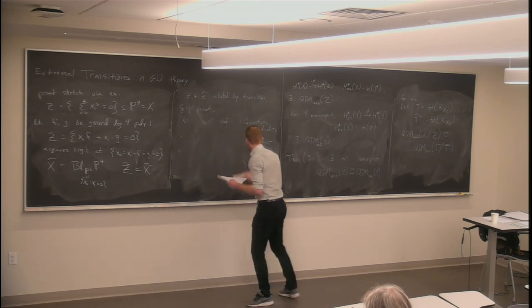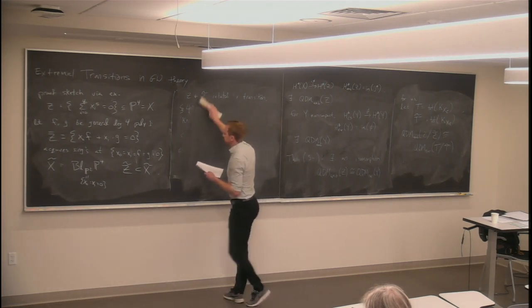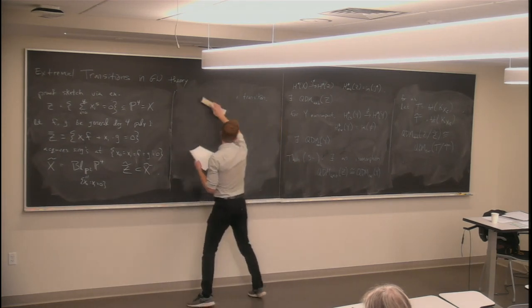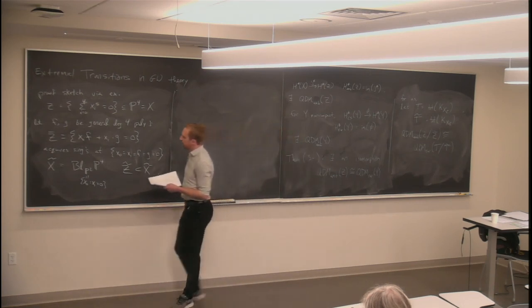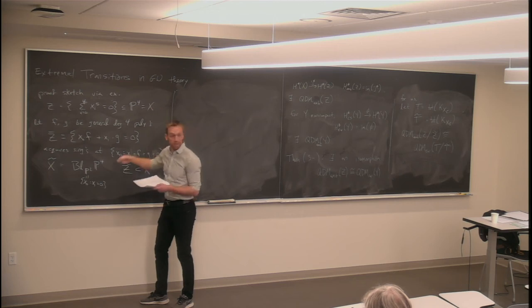So that's the example. And what I want to do is draw the fans for the toric varieties of the canonical bundles on X and X twiddle.